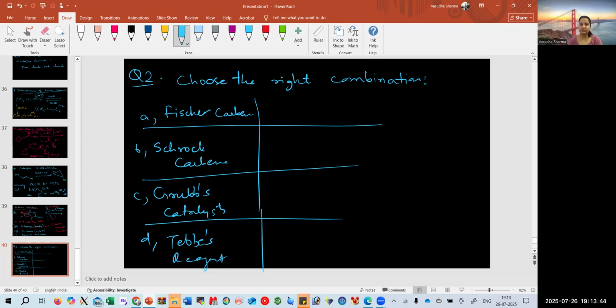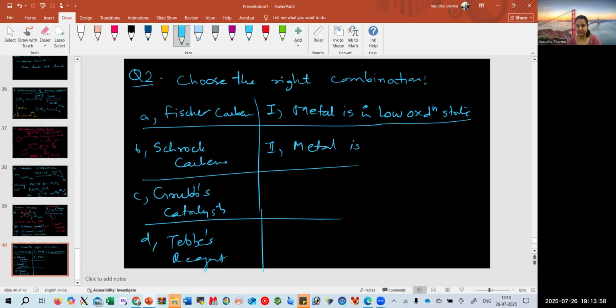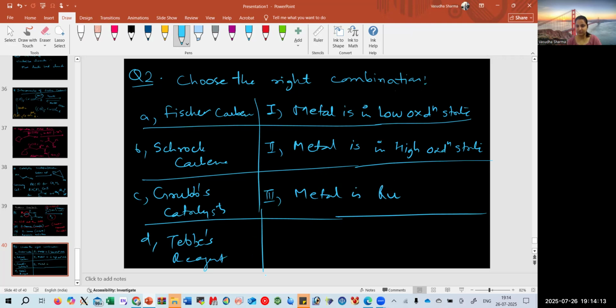So we have on the other side, 1: metal is in low oxidation state. 2: Metal is in high oxidation state. 3: Metal is ruthenium. 4: Metal is titanium.